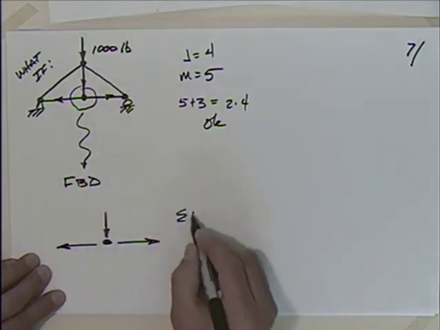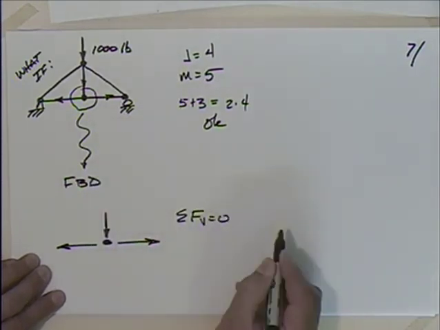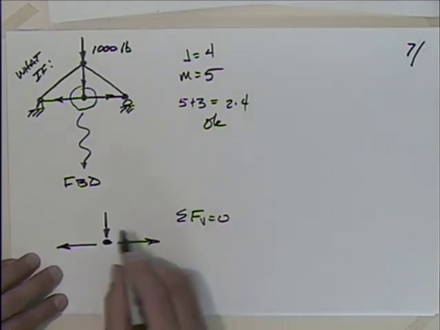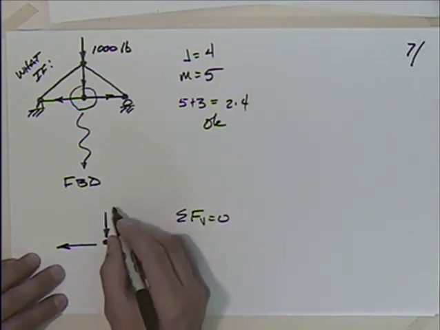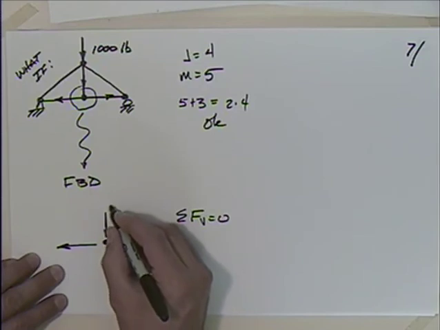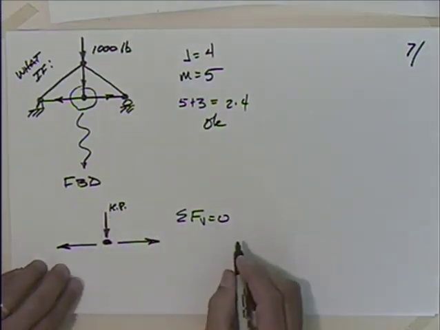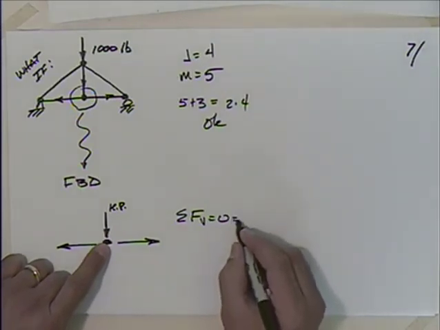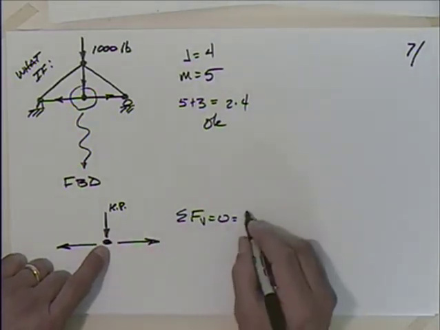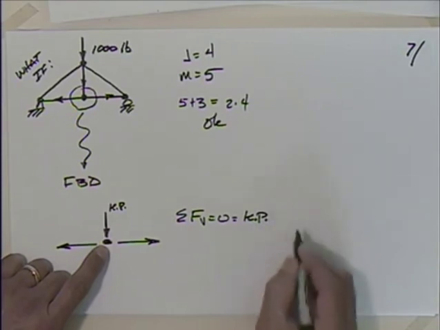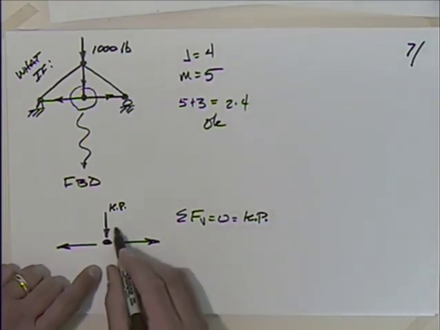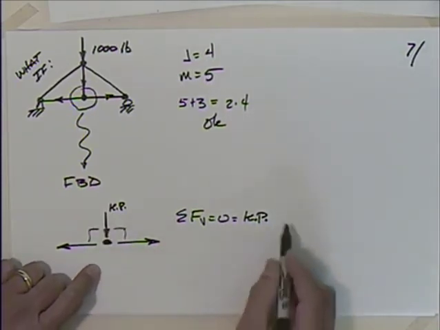So if I sum the forces in the vertical direction, setting that equal to 0, we'll use this as our king post. That's sometimes what they're referred to as, the king post. So we'll talk about that in terms of the king post. So I could say that I have the force in the king post. Anything else? Any other force? This is at right angles here, so I don't think I have anything else.